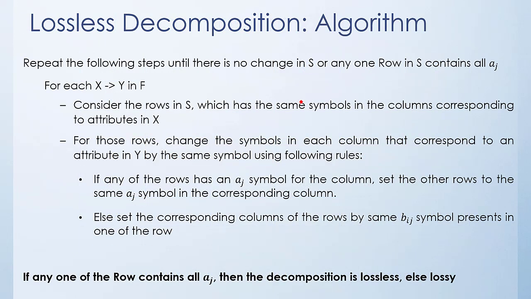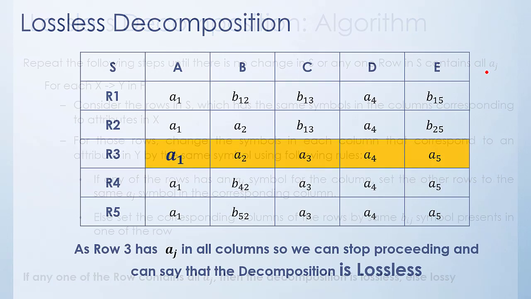Now by this you can see that the termination condition for the algorithm is any one of the rows in S contains all AJ.